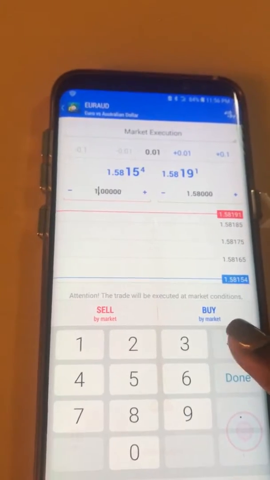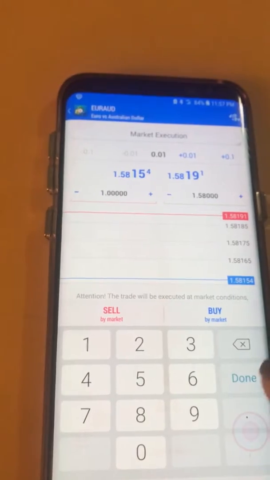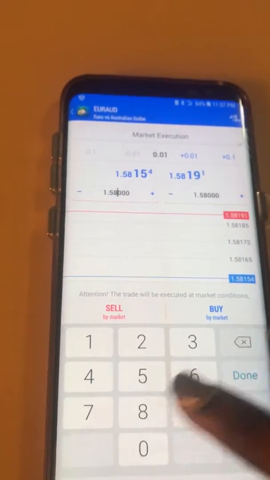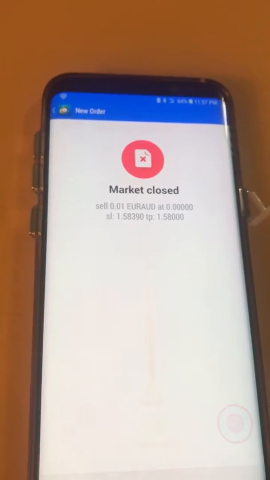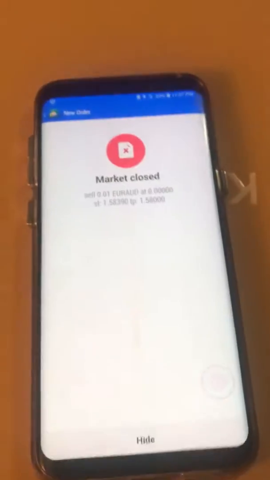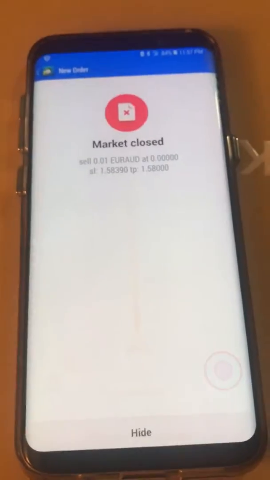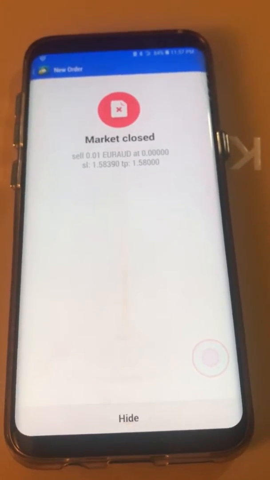Oh, let me backspace. I didn't get my decimal in there. 1.5839, and then you hit sale. Again, it's the weekend. That's why the sale is not going through. I just want you guys to see the process of hitting the right buttons to get the sale going or the buy going.